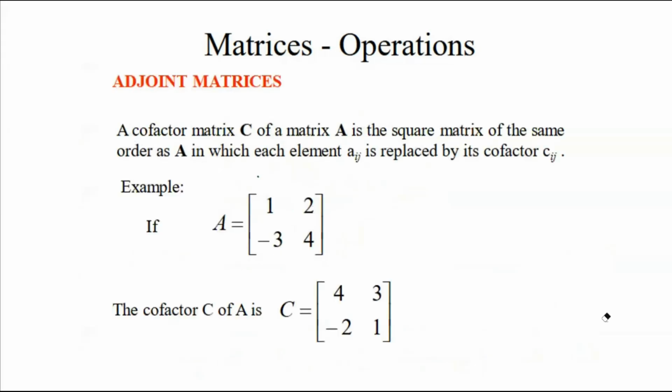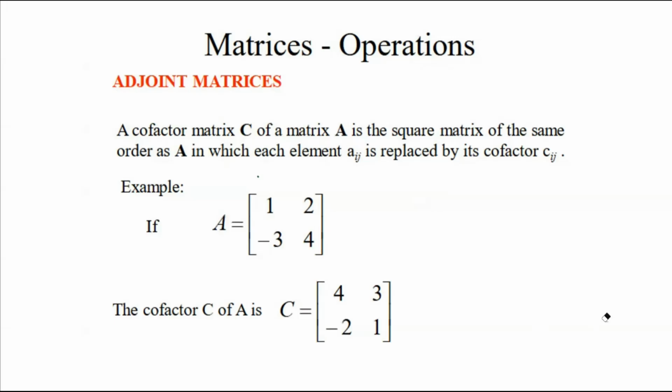Now, the next thing is finding the adjoint matrix. And the adjoint matrix is really the transpose of the cofactor matrix. Right? That's why, remember, we started out talking about the transpose. And you want to know what am I going to do? Right?